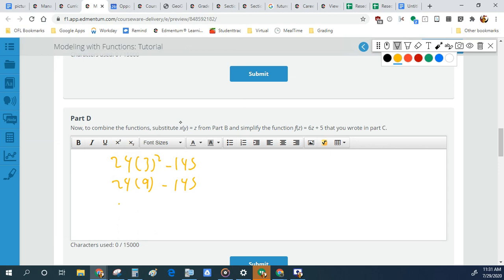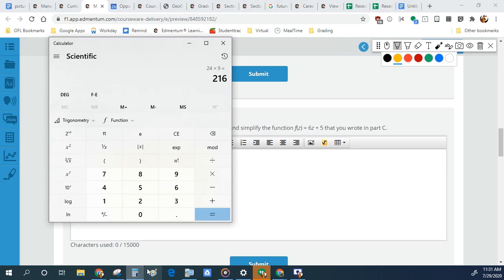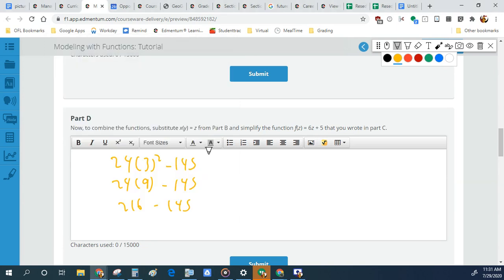So this is 216 minus 145. So we get 71. And I believe that was the answer we got for part A. So that's how we do part D.